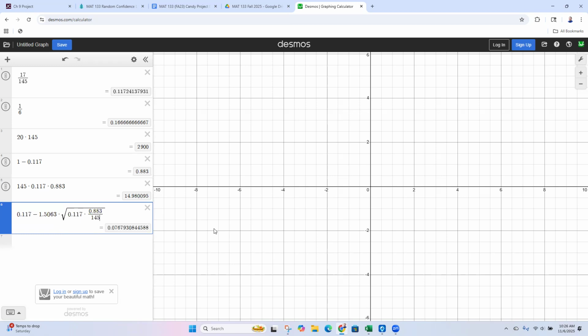So my lower end for my proportion is 0.077. How many decimal places? 4 decimal places. If I just change my minus to a plus, I get the other end, the upper end, 0.1572.